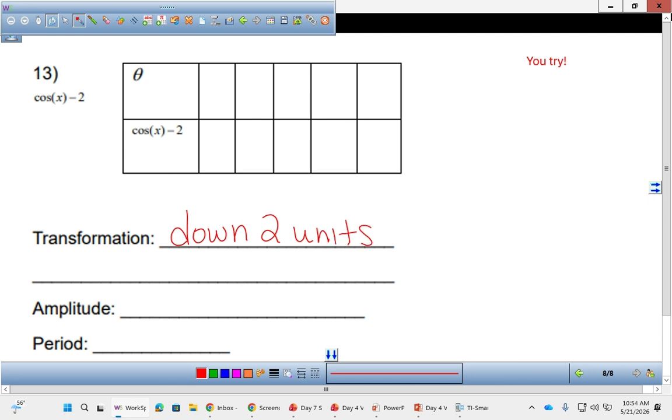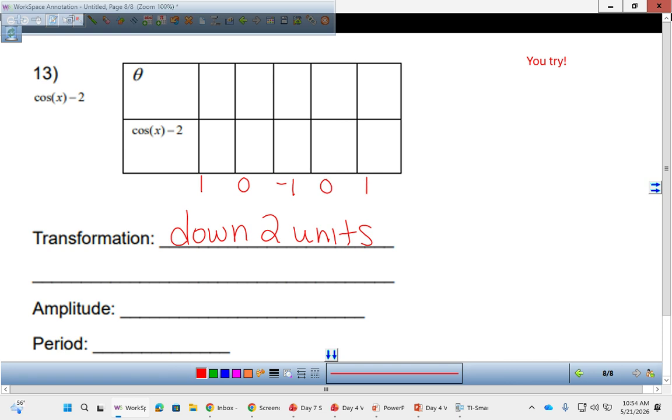Now this is a cosine. So the 5 critical points are different. Not different. The 5 critical points are in a different order, I should say, right? Cosine is 1, 0, negative 1, 0, 1, right? So the y values are coming from the original sine and cosine y values, which are the same numbers in a different order.